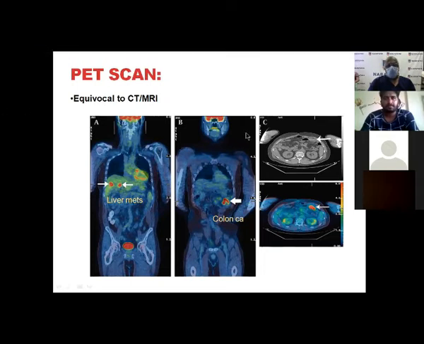We do it only when you are condemning the patient totally and going in for palliative chemoradiation, or when we are going to take the patient for neoadjuvant therapy to downstage the disease and then operate. These are the two situations. The third being to find out the recurrence and extracolonic metastasis.